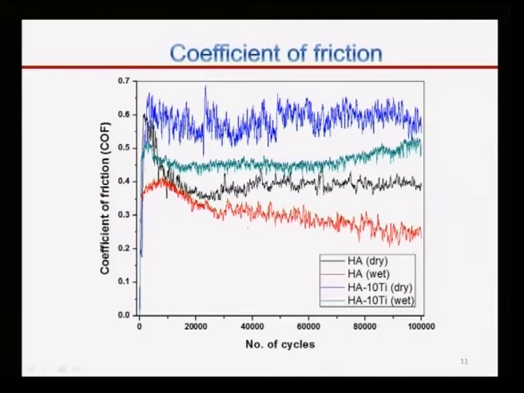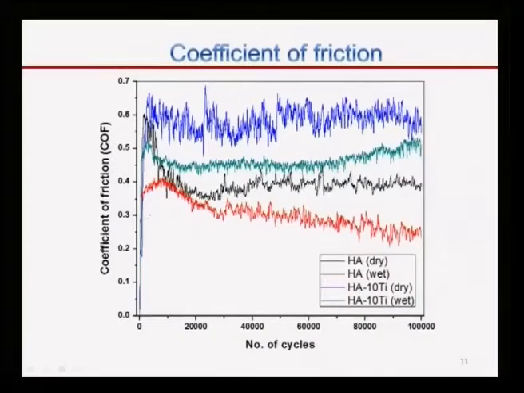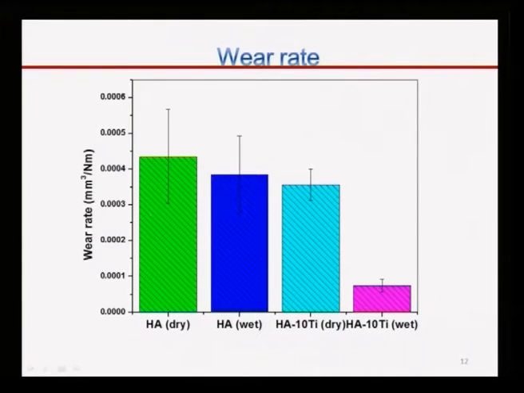Basically we add certain proteins also here, albumin, to create a more likely situation as in physiological conditions, and coefficient of friction values vary from 0.3 to 0.6 depending on the material, depending on the kind of wet or dry conditions. And if you look at the wear rate, it is also pretty low.